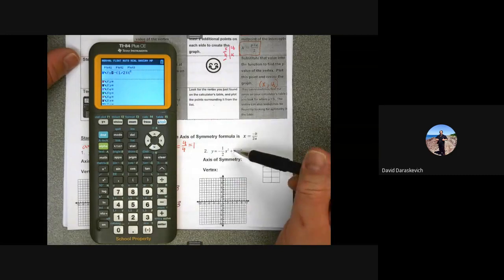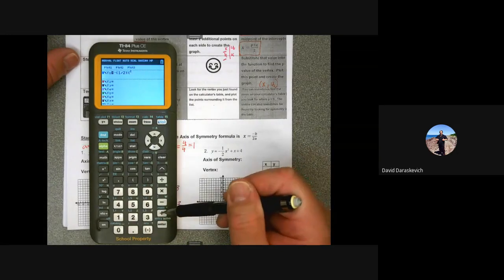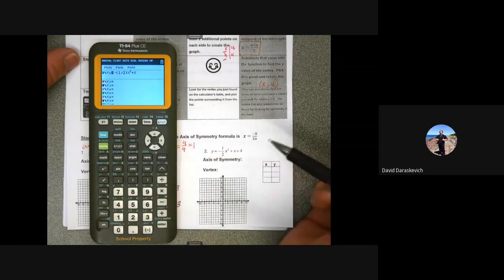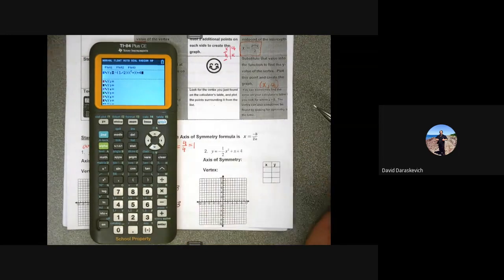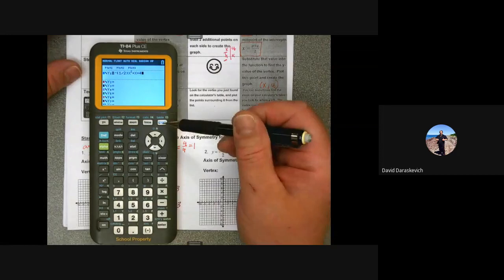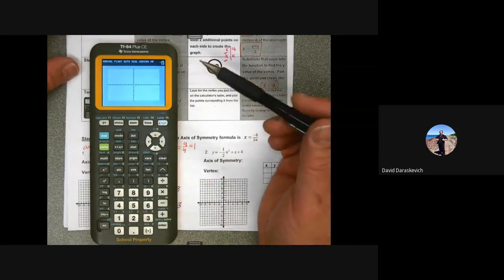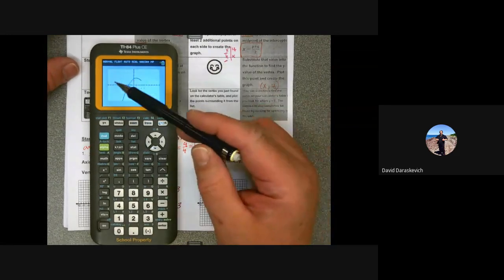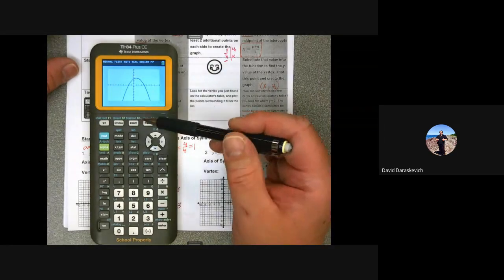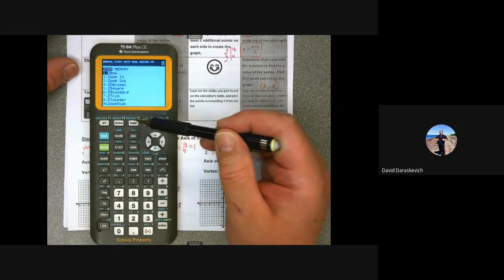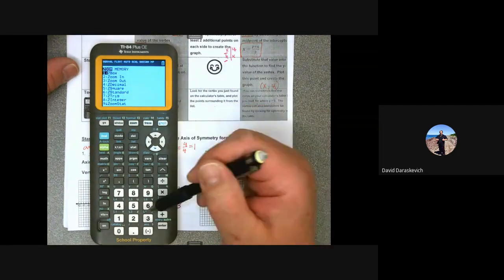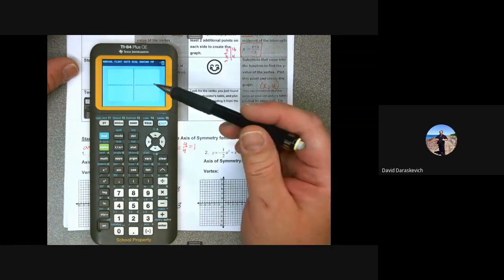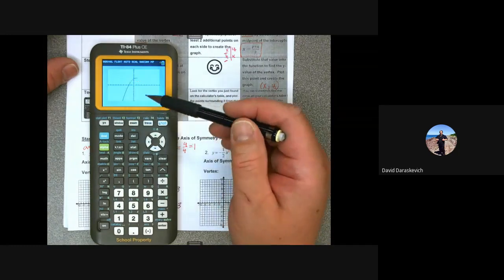Plus x plus 4. And I'm going to graph this. And if I'm lucky enough, it'll come up on my screen. Because I'm using a standard screen, I'm using my Zoom standard. That's kind of like my default. And it just so happens that my parabola fits on this.